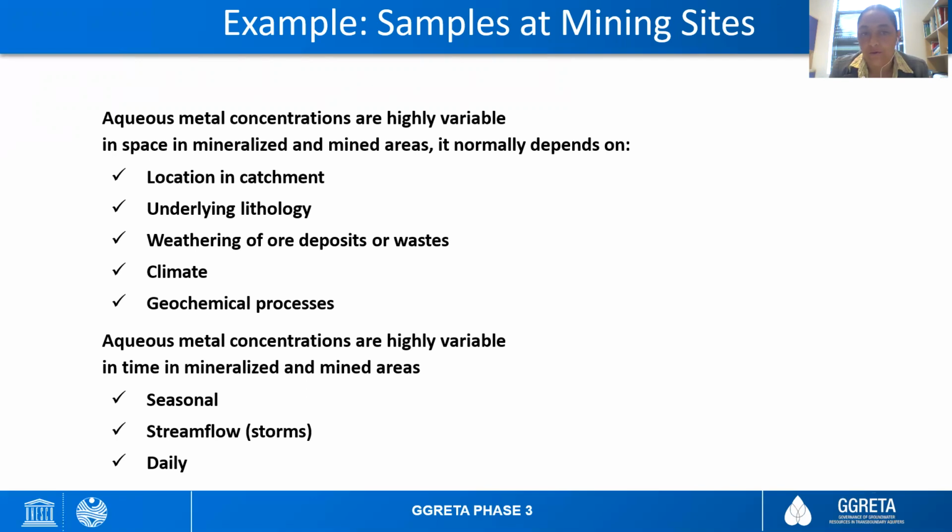How weathered are the ore deposits or wastes? The climate in your area, and then also the dominant geochemical processes. These metal concentrations can vary seasonally, daily, even weekly, and are impacted by stream flow or storm events.